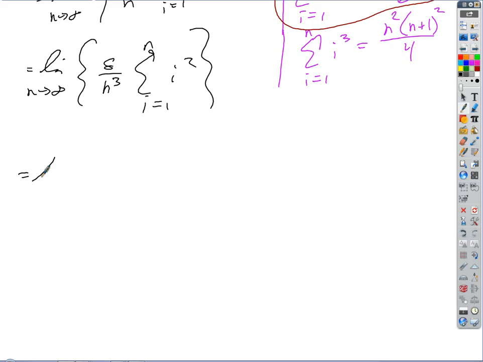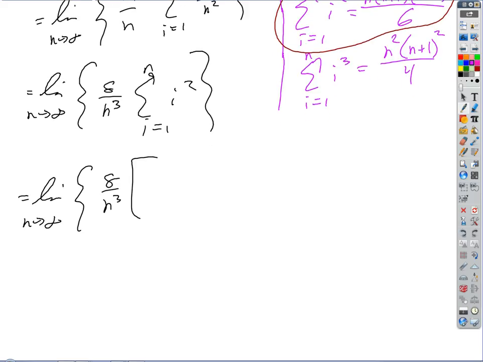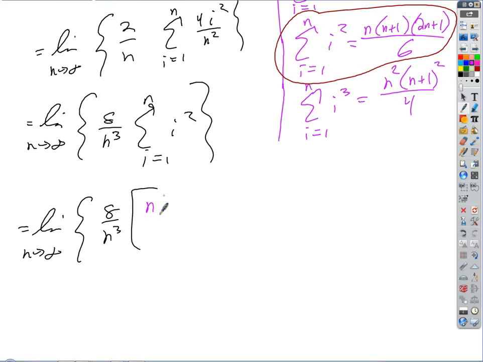When I say sigma, I mean from 1 to n. So this looks like 8 over n cubed times n times n plus 1 times 2n plus 1 over 6.